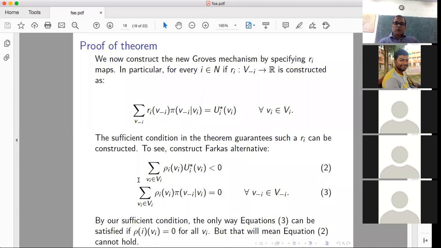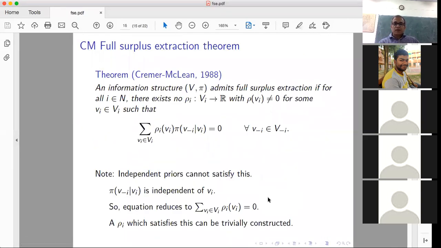So what are we given? Remember, this 3 is exactly our condition, the sufficient condition given in the theorem. So we know that this condition can only be satisfied if all the rho i's are equal to 0. That's the only time this can be satisfied, because it says that there exists no non-zero rho I so that this can be satisfied.